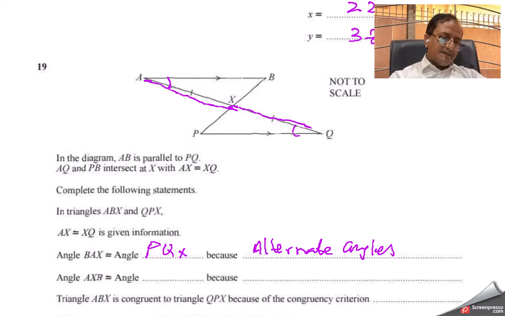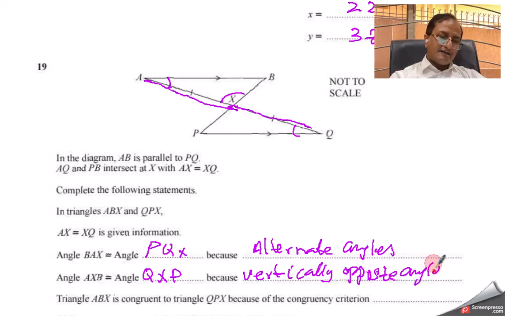Then angle AXB equals angle QXP, because of vertically opposite angles.